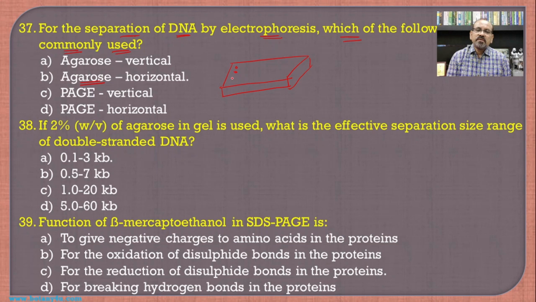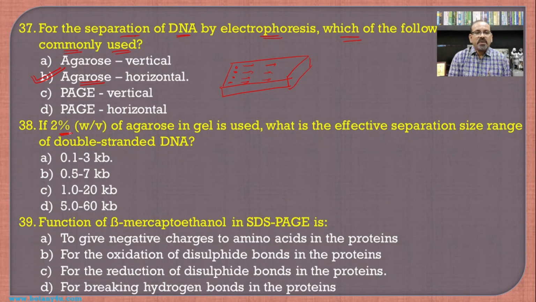So here the sample is loaded, and then after passing the current there is a separation of the DNA molecules. In this way, the agarose gel with the horizontal apparatus is used for the separation of the DNA.